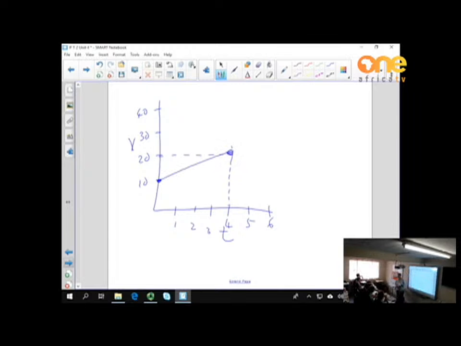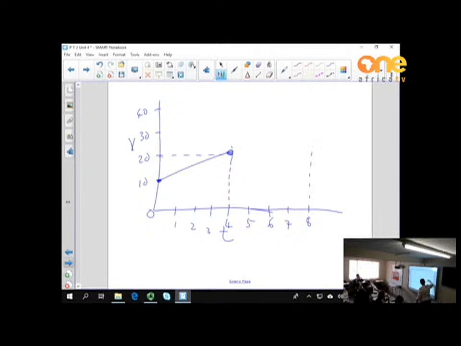There. Why did my graph not start down on the 0 point? Well, they told us that it starts at 10 meters per second. Then they say, the car then moves with uniform velocity for another 4 seconds. So 5, 6, 7, 8, 1, 2, 3, 4 seconds.